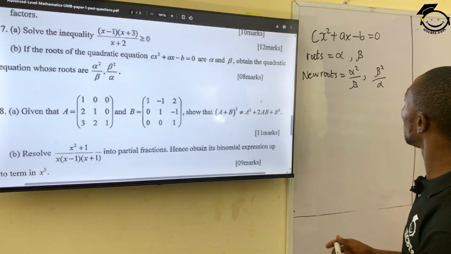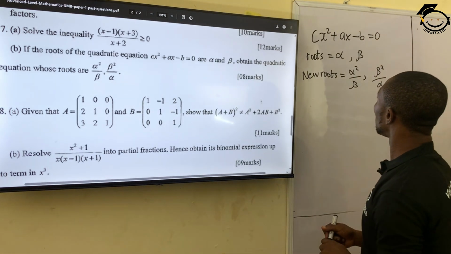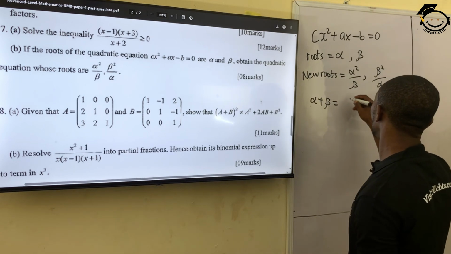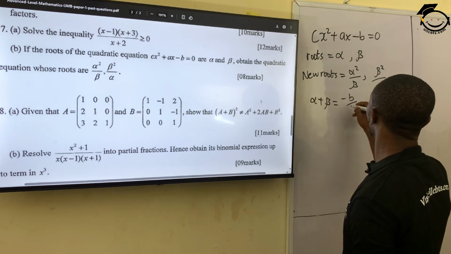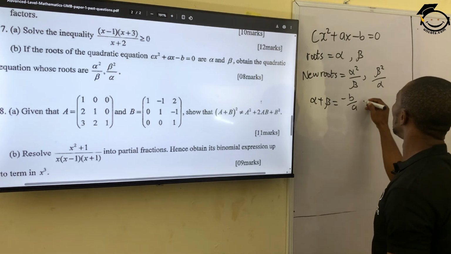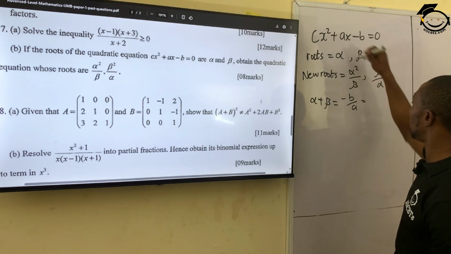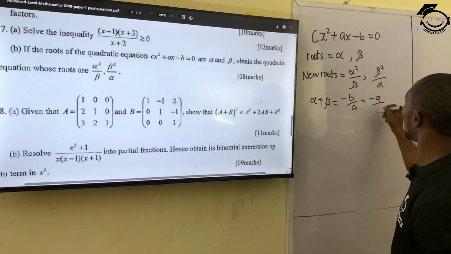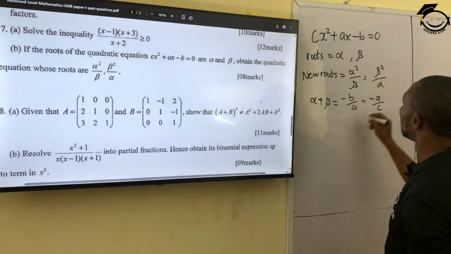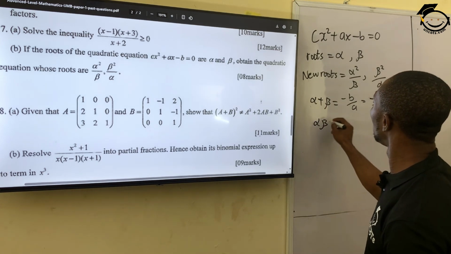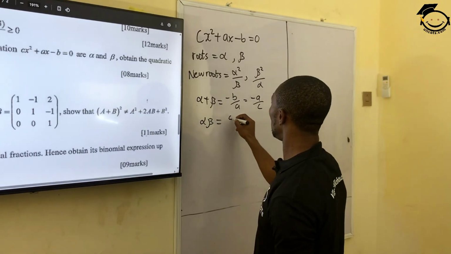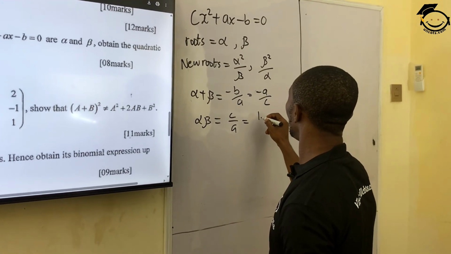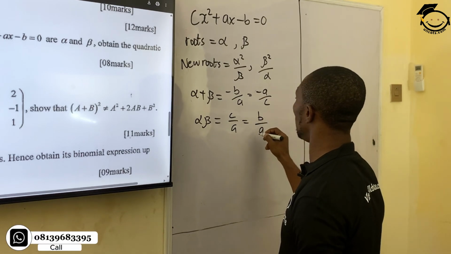In doing this, let's keep in mind that alpha plus beta equals minus b over a, and alpha beta is c over a.